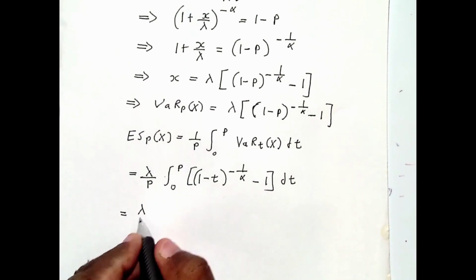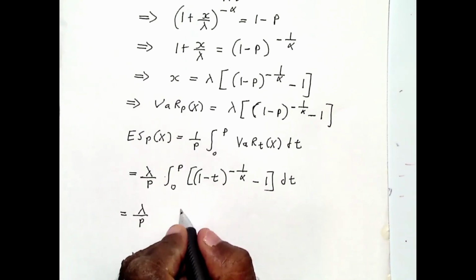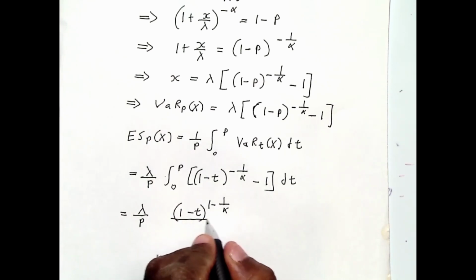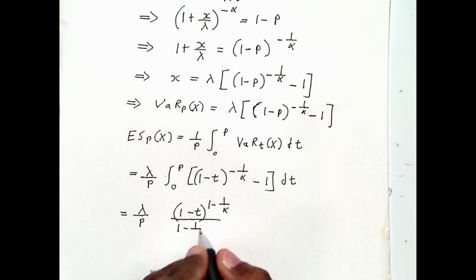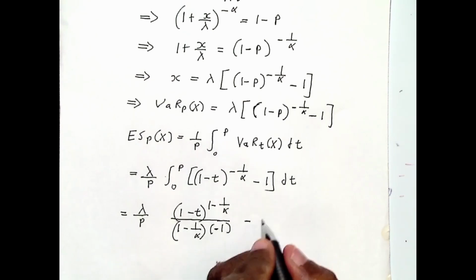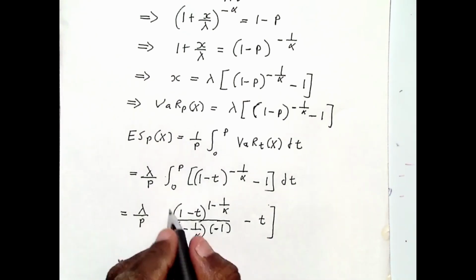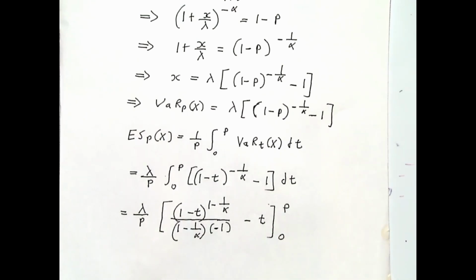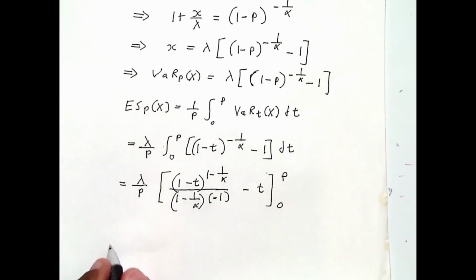See, so the integral will be 1 minus t to the power 1 minus alpha divided by 1 minus 1 over alpha times minus 1, and the integral of 1 is simply t, right? Then you take the limits from 0 to p, right?